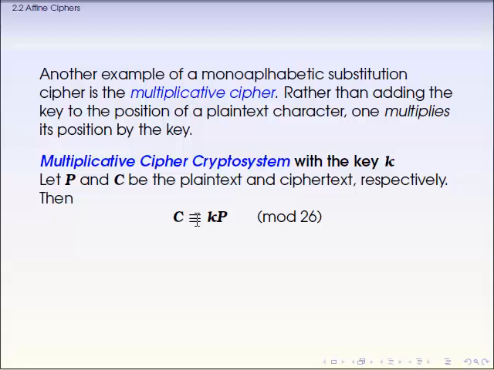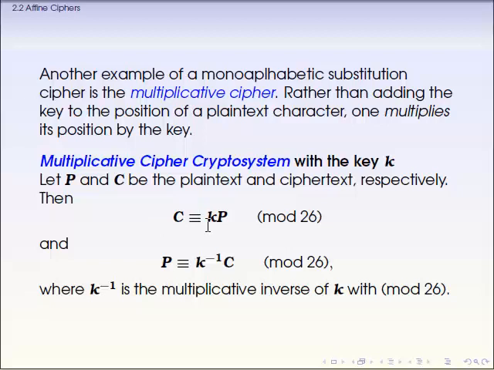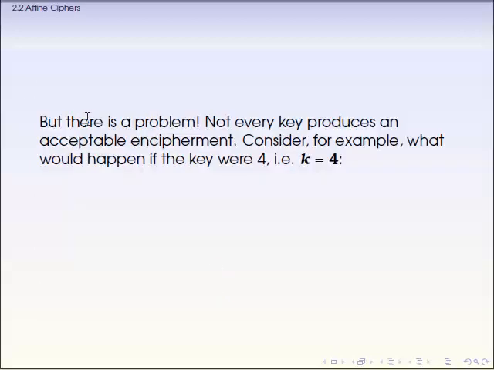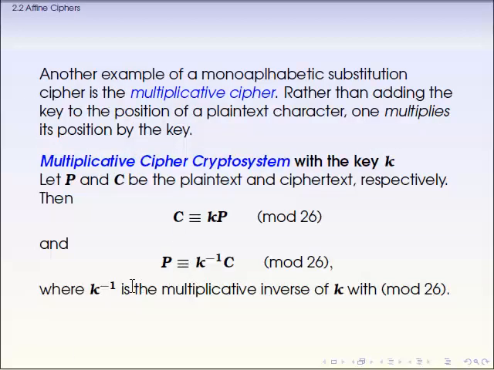And for deciphering that ciphertext, all you need is just multiplying by K inverse modulo 26 on both sides. Then we get P is congruent to K inverse times C. One problem here is that not every number K has an inverse modulo 26, because 26 is not a prime, so only a few numbers have their own inverse, and there is a formula and a name for that.